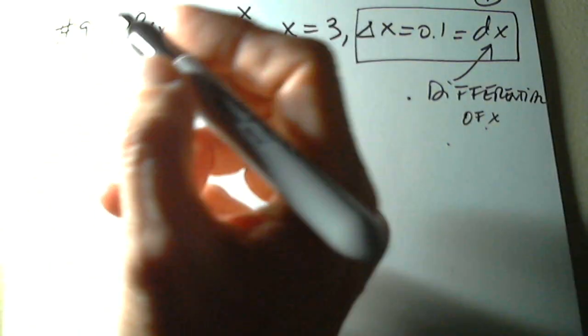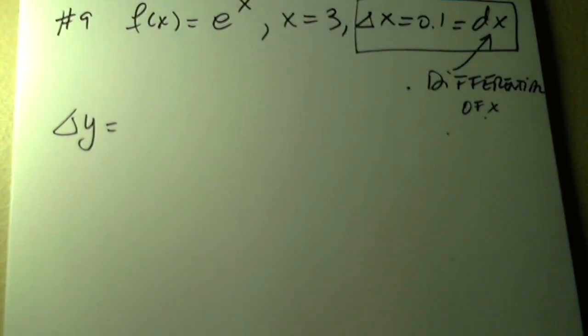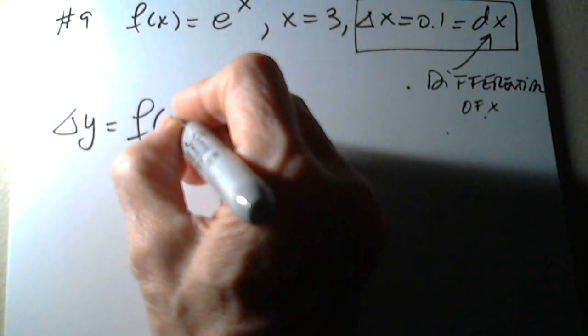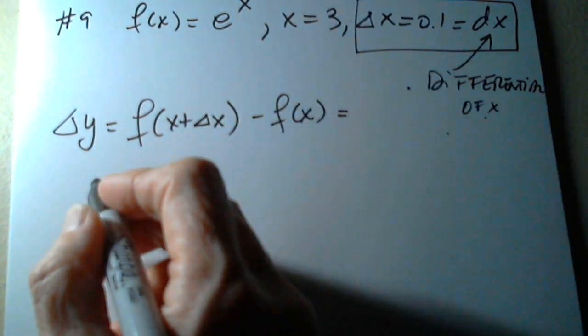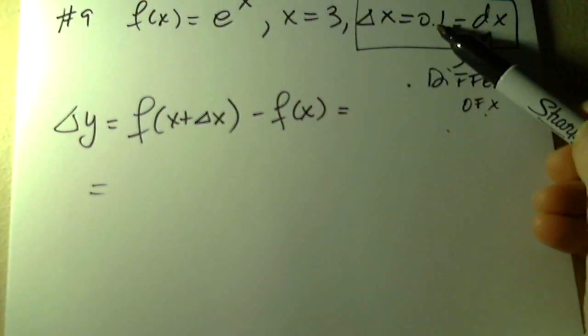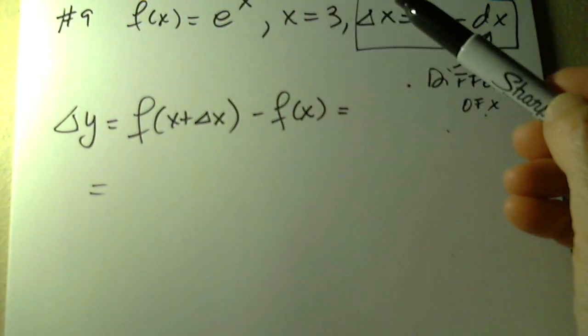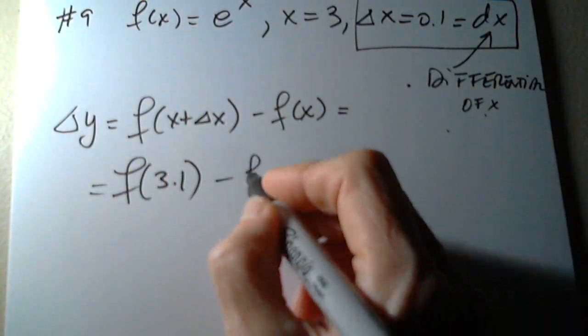So they want us to find delta y. Well, delta y by definition is f of x plus delta x minus f of x. X is 3, delta x is 0.1, 3 plus 0.1 is f of 3.1 minus f of 3.